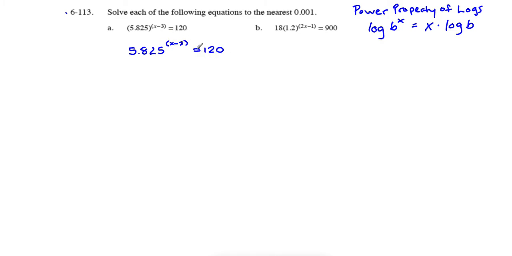Remember, whenever you're solving an equation, whatever you do to one side, you need to do to the other side to keep it balanced. If I wanted to square this side here, then I'd have to square this side here. If I wanted to add 6 to this side, I'd have to add 6 to the other side. It's no different here. If you want to take the log of each side, I'm going to write that there so it stands out.